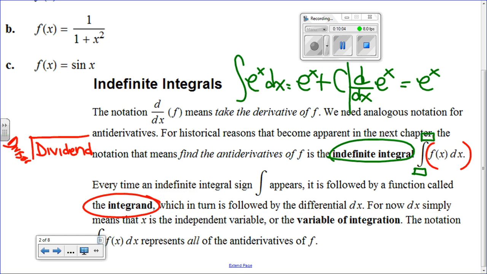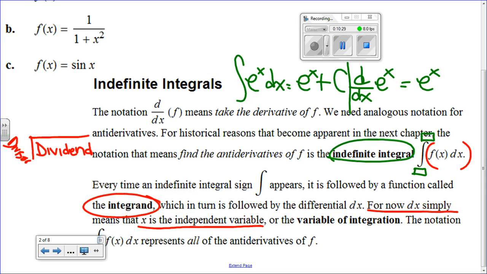Okay, and then for now, if you notice here, it says dx simply means that x is an independent variable, right? But later on, we have to be very careful with it. It's just good notation to keep that dx or whatever your independent variable is.